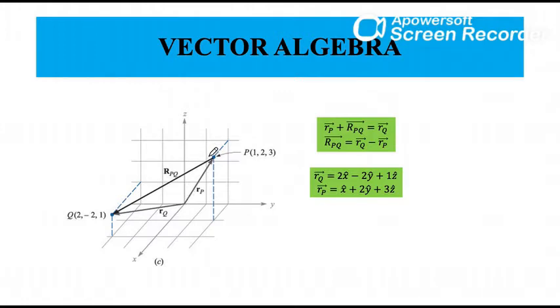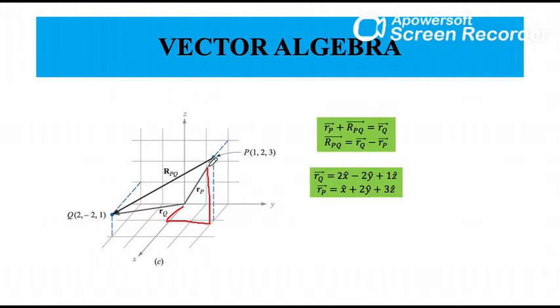For example, I have two vectors here, rp and rq, which are defining two different positions. Position p, which is given by 1, 2 and 3. How do I get 1, 2, 3? I have moved 1 unit along the x-axis, then 2 units along the y-axis, then 3 units along the z-axis.